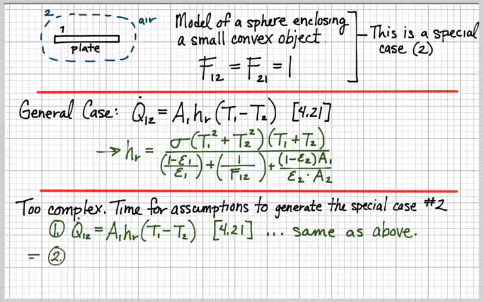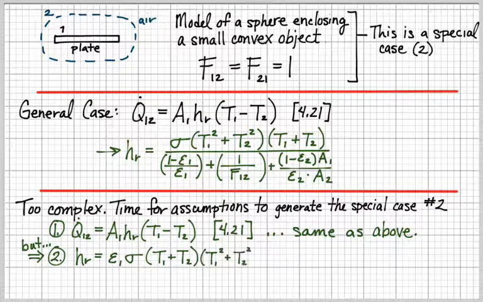The second is where the assumption comes in, and that's the heat transfer coefficient for this special case surface where F12 is equal to F21 equal to 1. That can be simplified into epsilon of surface 1, or the emittance of surface 1, times the Stefan-Boltzmann constant times the expansion of the temperature. Okay? That's equation 4.26 in your textbook.